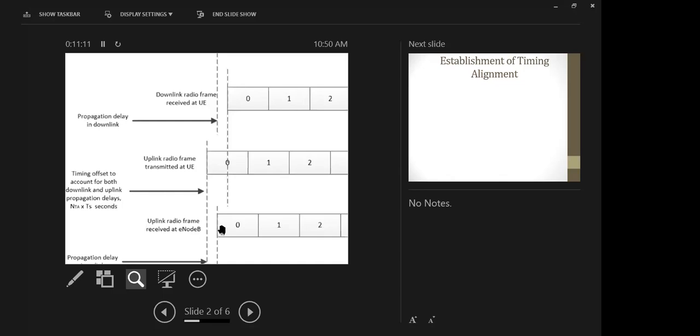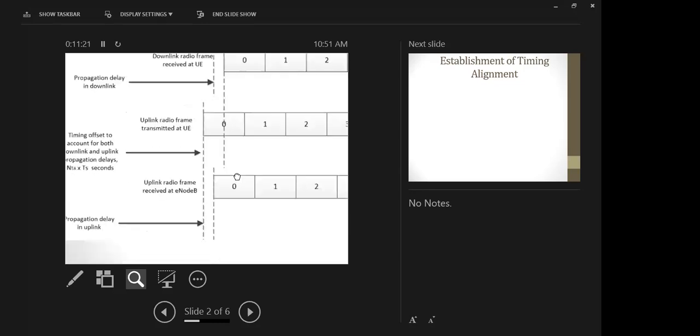It tells how much it should increase, and accordingly the EV reacts, in an attempt to again create alignment. This type of timing alignment in uplink has been used in all generations.